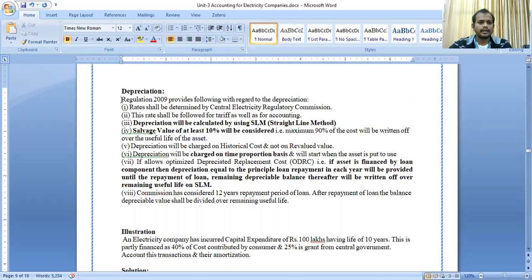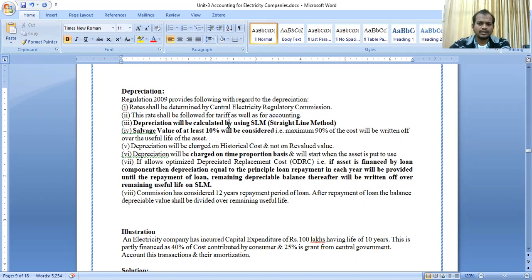As per the regulation 2009 of the Electricity Act, the following procedure is given with regard to depreciation. Rates shall be determined by the Central Electricity Regulatory Commission, and these shall be followed for the tariff and accounting.